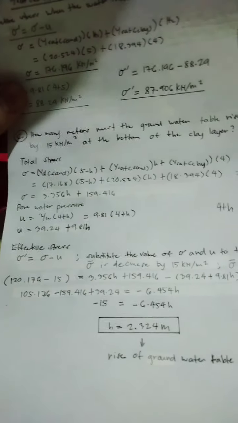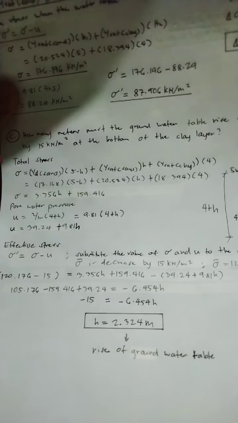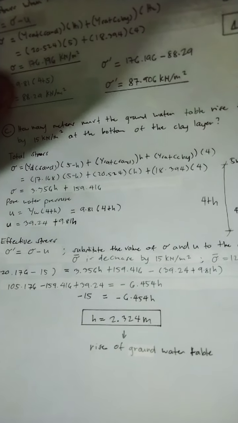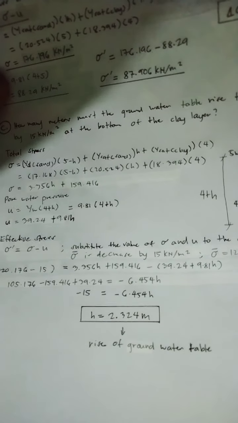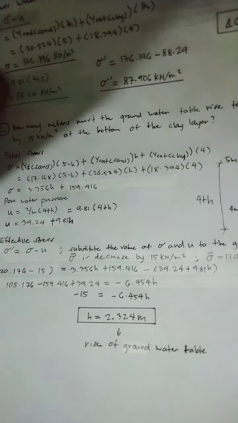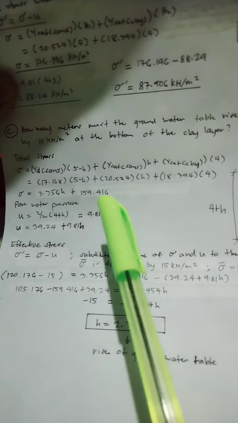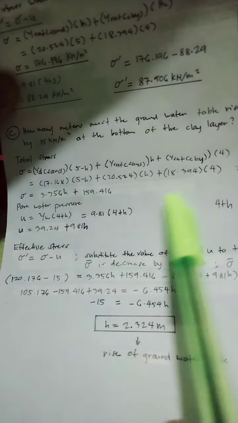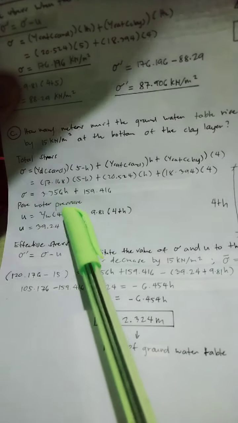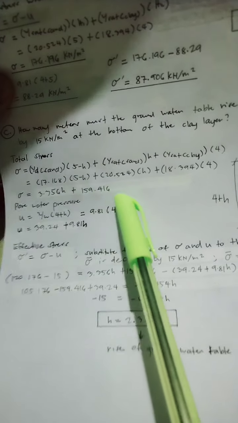Then we substitute the given values, and simplify. We have come up with 3.356H plus 159.416.